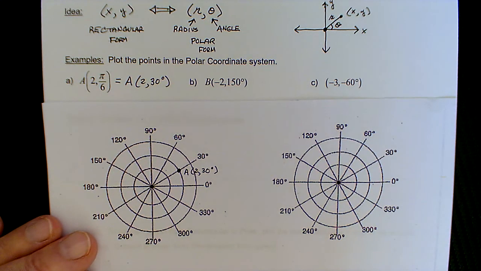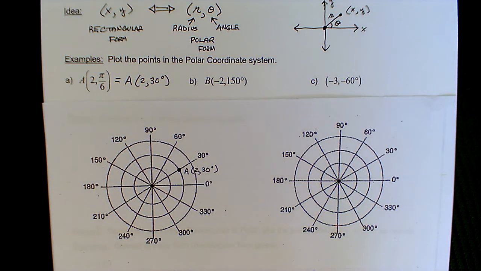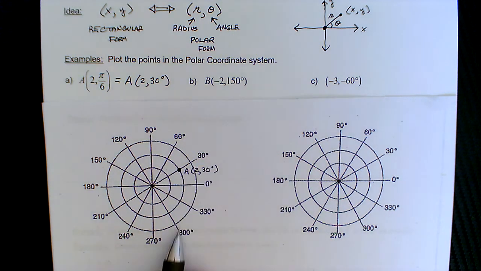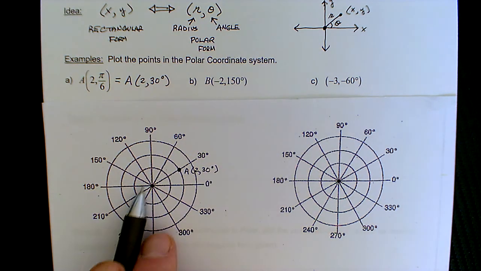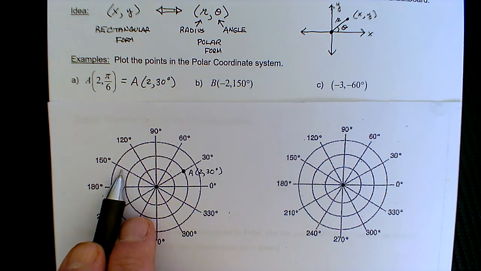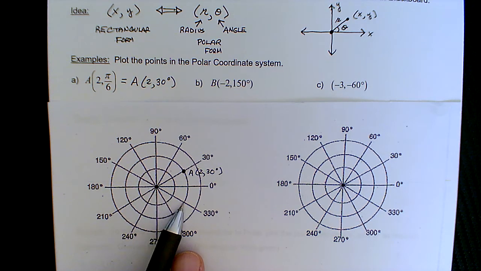Now the unique thing about polar coordinates and points is that you could have different representations for the same point. First off, to plot the point (-2, 150), that would mean along the 150-degree radial line, which is this line here, we're going to move -2 units. So opposite to the 150 radial line, we're going to move 2 units.